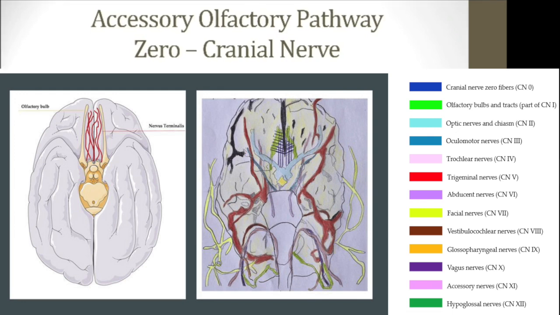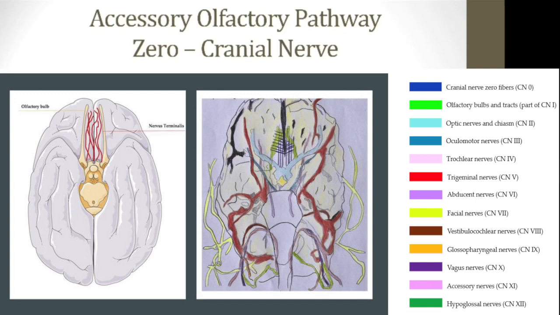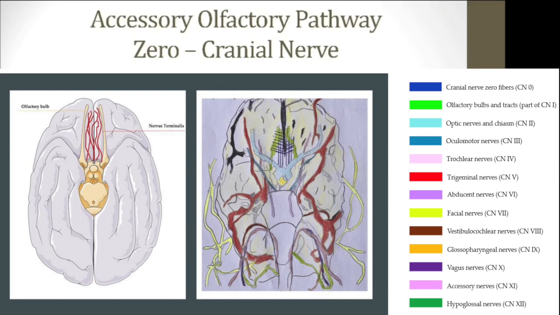Lately the nerves have been classified by modern scientists into 12 nerves. But since 1811, Jacobson, who discovered this, didn't go into the details about this pathway. Later, after the discovery of the 12 nerves, scientists probed into this and found this nerve. That's why it has been named the zero cranial nerve, right?